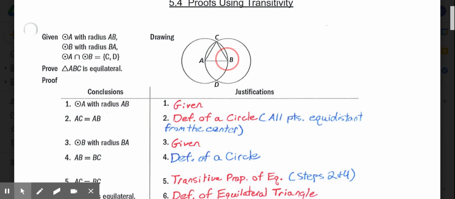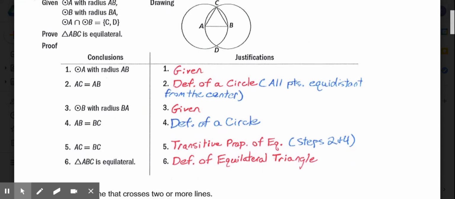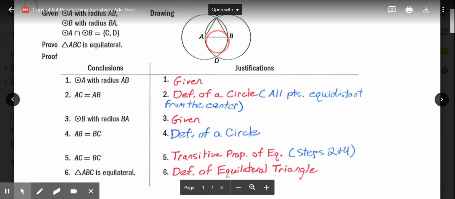So with C and B both being on the circle, they are the same distance from A. So AC equals AB. Then they used our given again, circle B with a radius of BA, and then they used the definition of a circle again to say that AB is equal to BC. AB here equal to BC here.